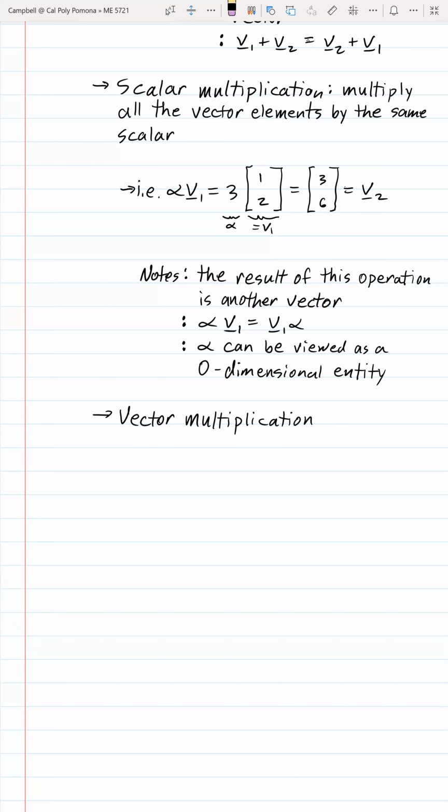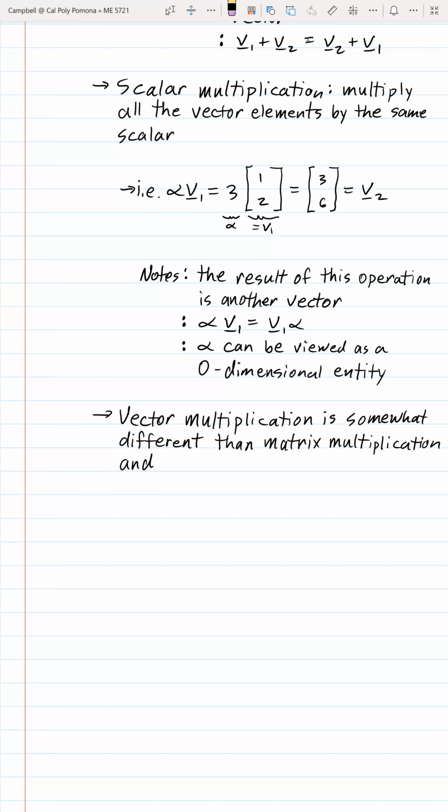So vector multiplication, as I just indicated, is somewhat different than algebraic multiplication, but it turns out that it is also possibly different than matrix multiplication. And let's see how that can be.